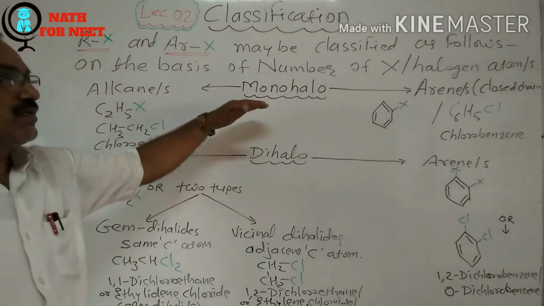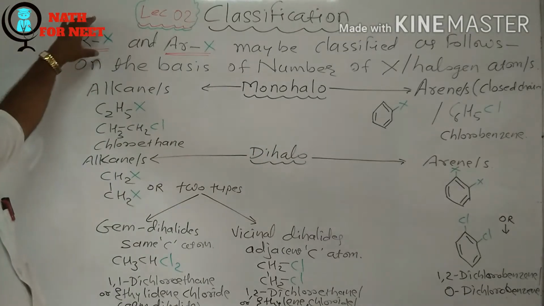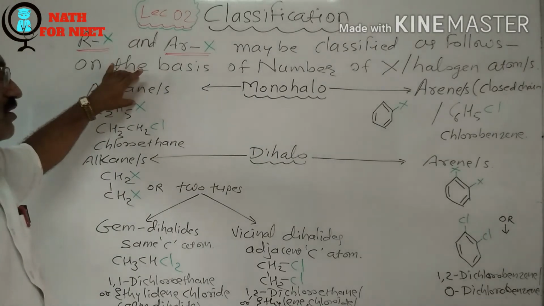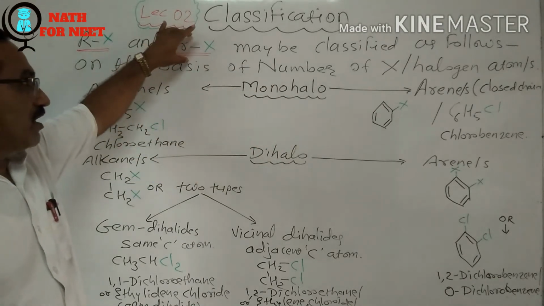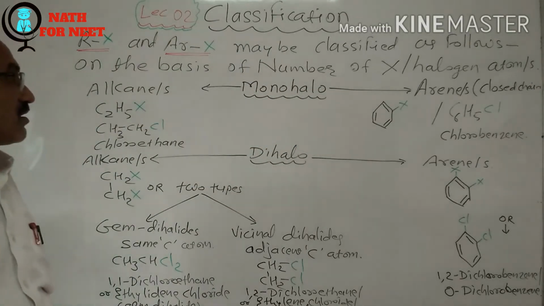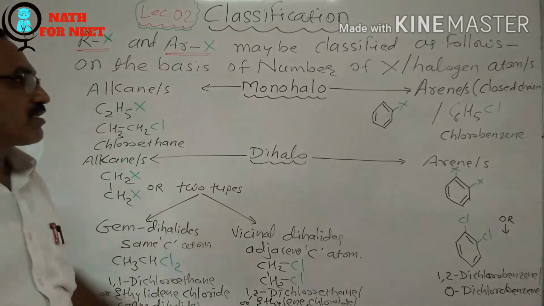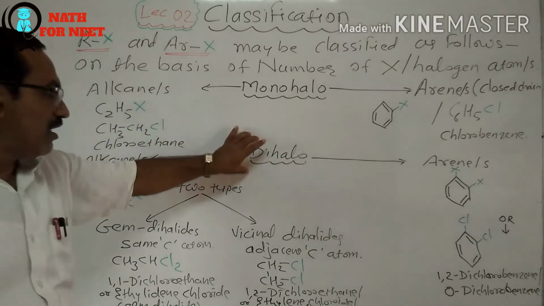Whenever a single halogen atom is present in the haloalkanes, they are the monohaloalkanes. Whenever a single halogen atom is present in the haloarenes, they are the monohaloarenes. Similarly, whenever two halogen atoms are present in the haloalkanes, they are the dihaloalkanes.